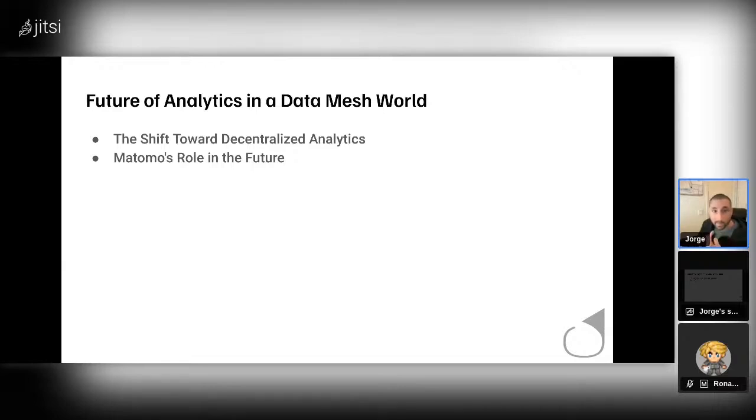This shift reflects a growing emphasis on data autonomy and compliance, allowing organizations to break down data silos and foster collaboration across teams without compromising on privacy or control. What about Matomo's role in the future? Matomo is well positioned to support the future of decentralized and privacy-first analytics.